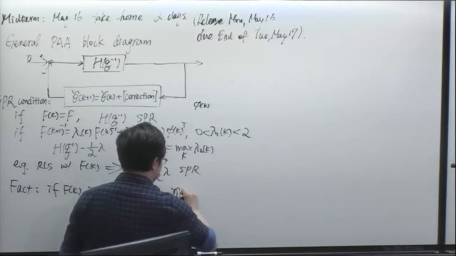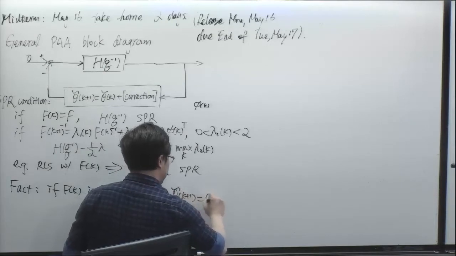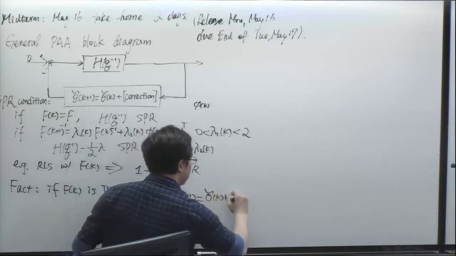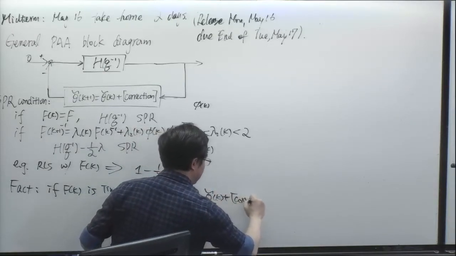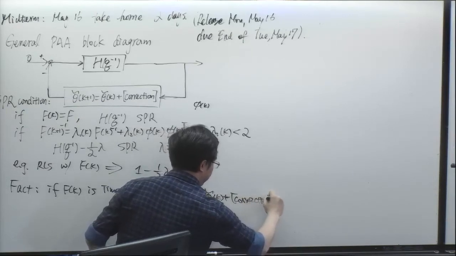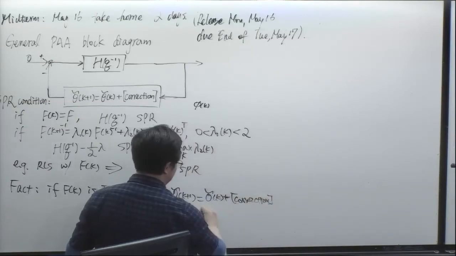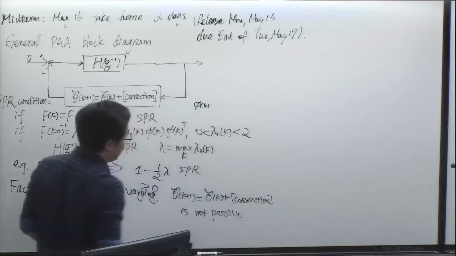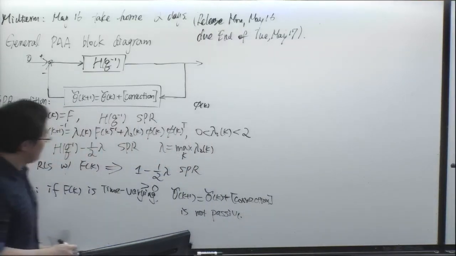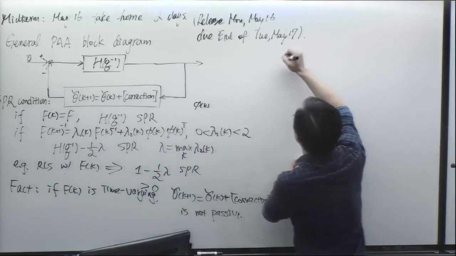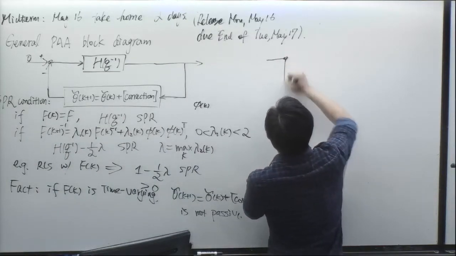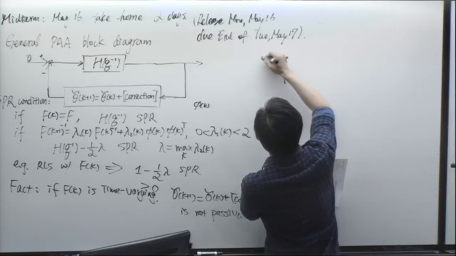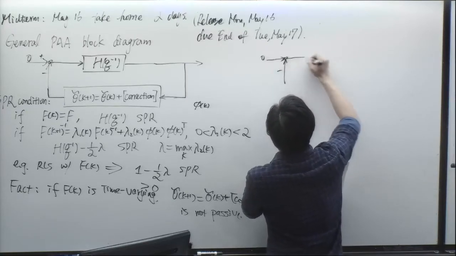So this block is not passive. We have to do something else to make it passive. And the technique is actually what we have been using multiple times in this class.